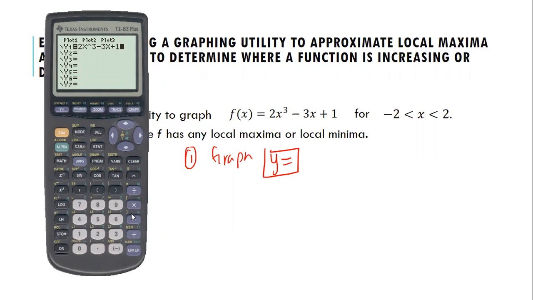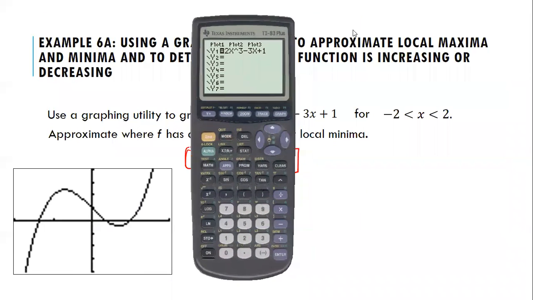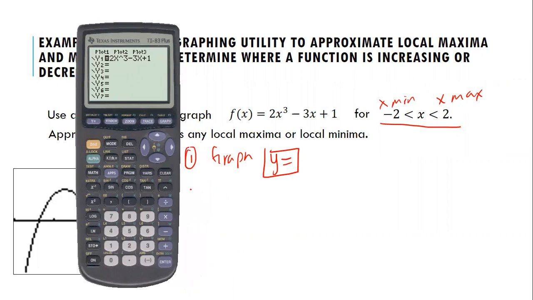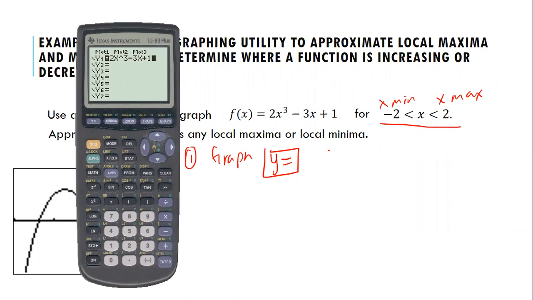Step 2, we're going to change our domain. We need to make this graph. Because they give us a domain, notice here they say that this is our x min and this is our x max. Do we see that? To change our x min or x max, we're going to press window.